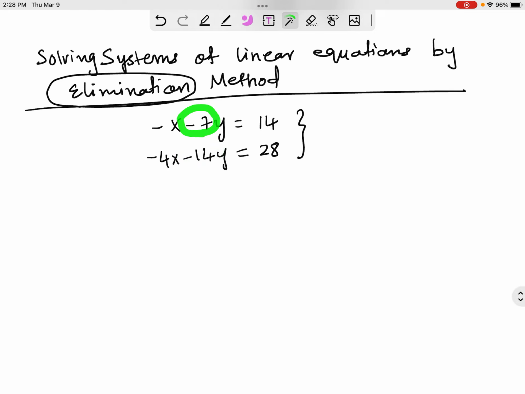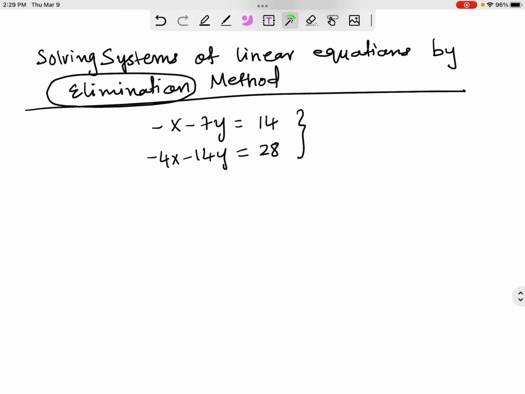Since we are trying to eliminate the y variable, you're trying to get the exact same number for the coefficient with the opposite sign. So for example, if I have -14 here, then I want +14 here, so that when I add them, I'm able to eliminate the y variable here.